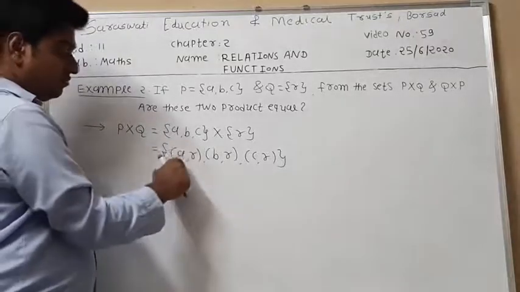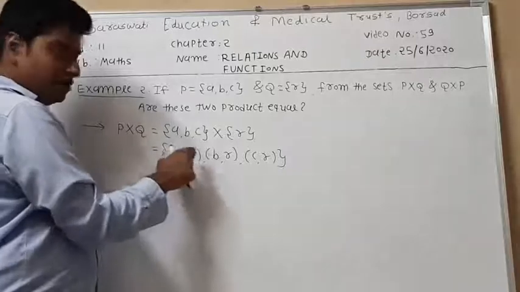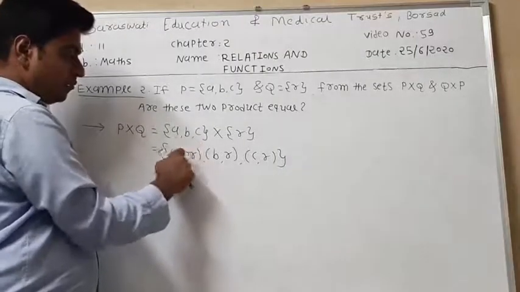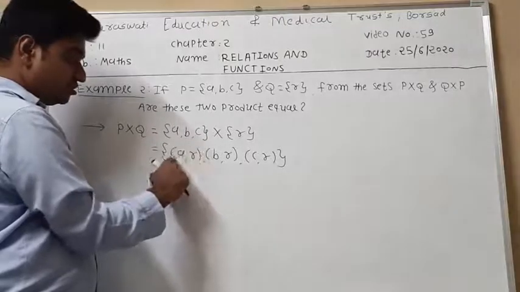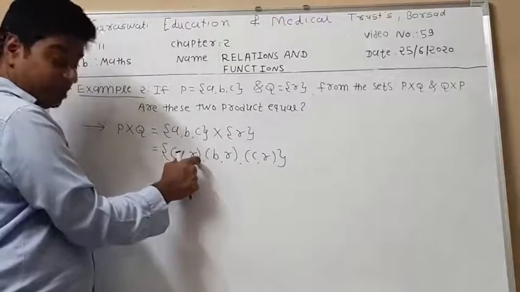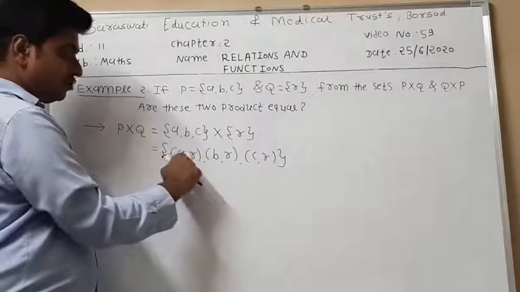Now remember, outside it is compulsory to write a set. All these ordered pairs are written in this form. Here we cannot change the position of the brackets, and between both these elements we write a comma.